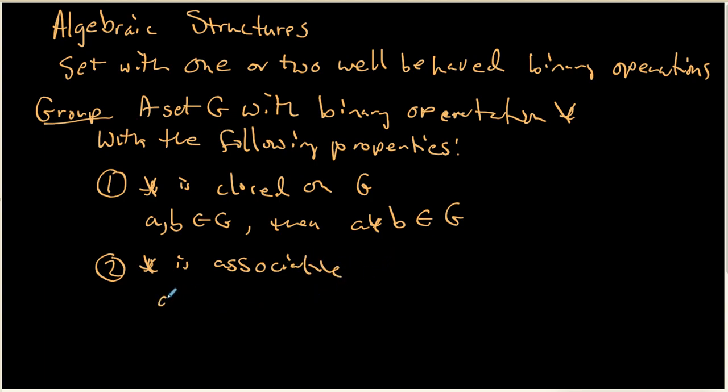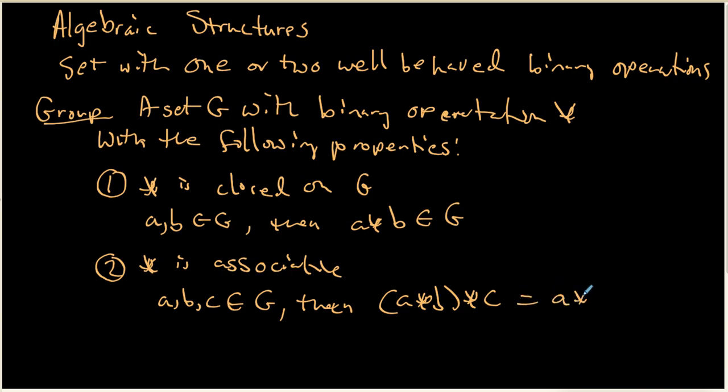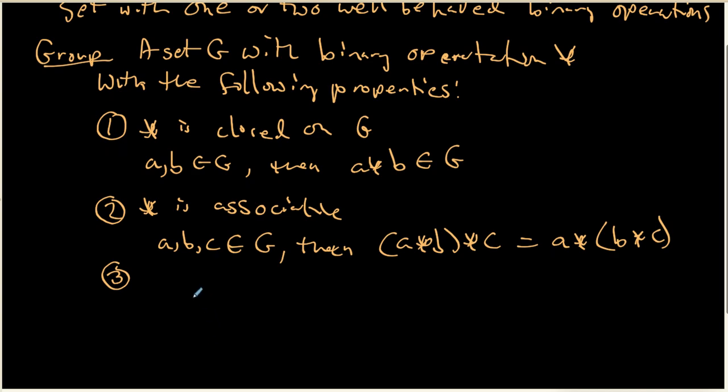And what that means is that if I take three things inside G, then it doesn't matter where I put the parentheses in. A star B starred with C is the same thing as A starred with B star C. The third property that all groups have to have is that they have to have an identity element.